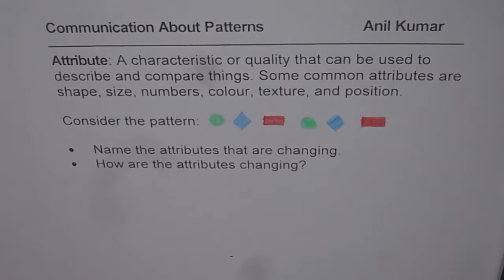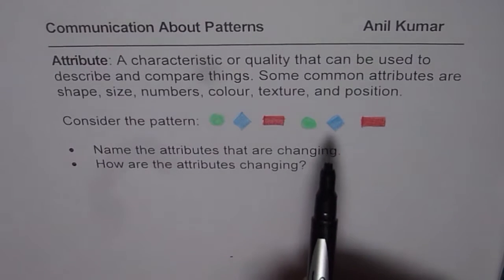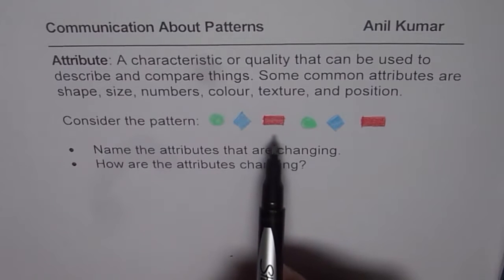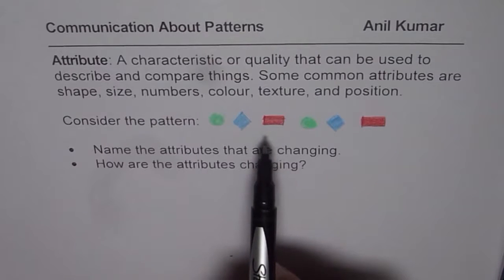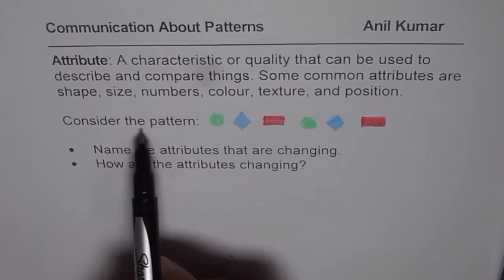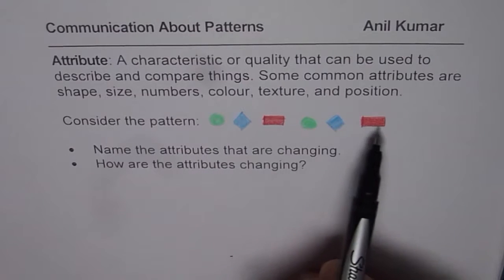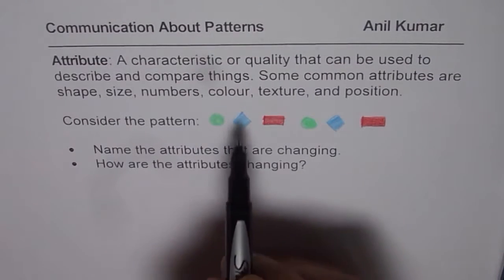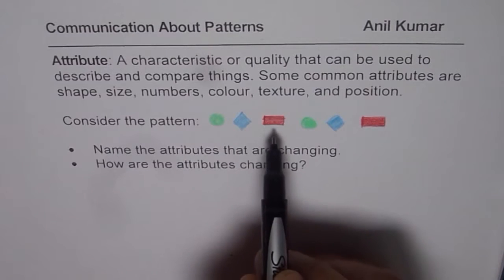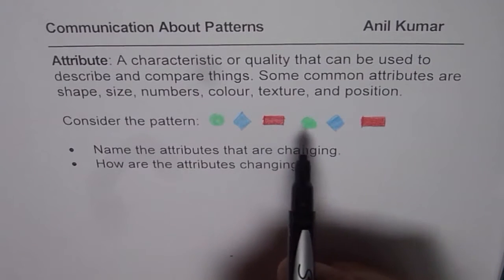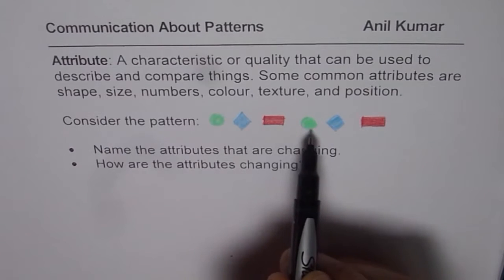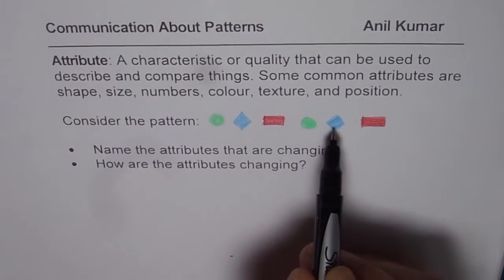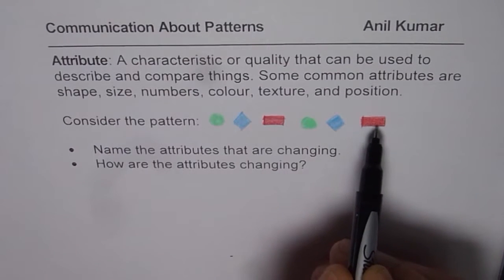Now, with the help of an example, I'll explain further how to communicate about a pattern. Let us consider the pattern which is given here. So we have green circle, blue diamond, red rectangle, followed by again green circle, blue diamond, red rectangle, right?